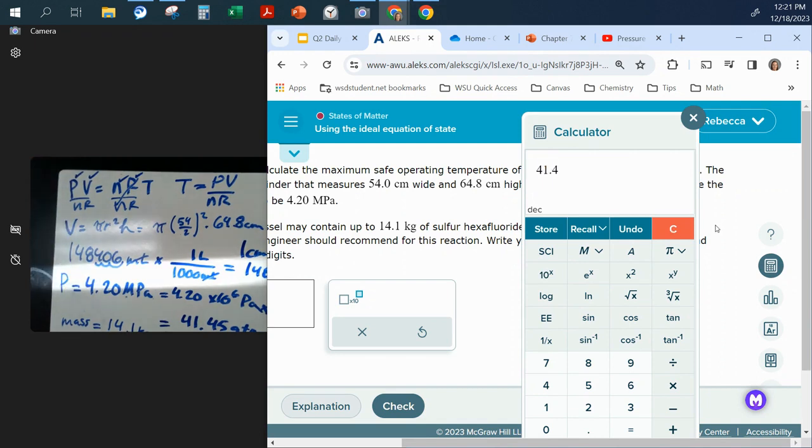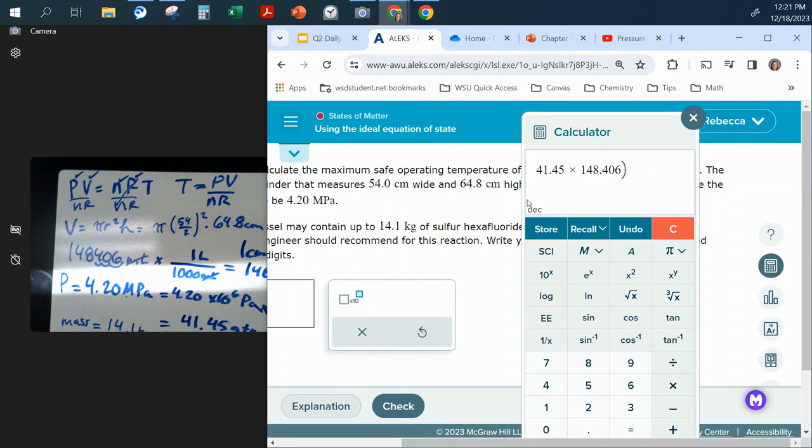I'm going to keep as many decimal points as I wrote down. Probably should have kept a few more. Pressure in atmospheres times volume in liters, 148.406. I feel like this is engineering.